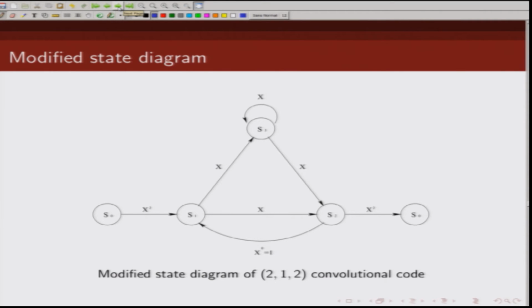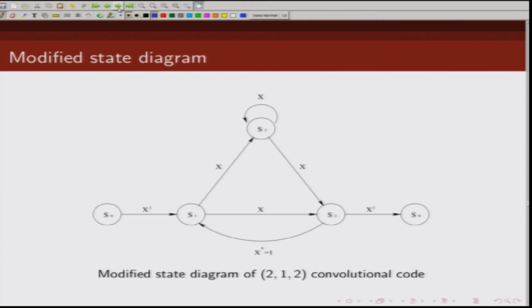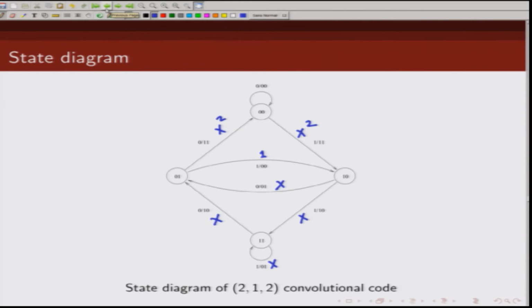What I did was, I split this all 0 state into 2 states, initial state and final state. Next, I redrew the same diagram, but I labeled each transition by the weight of the output.